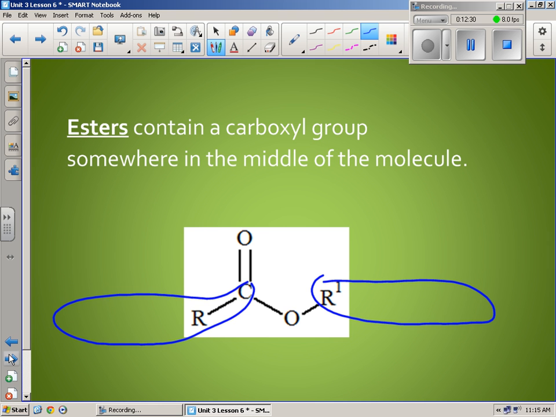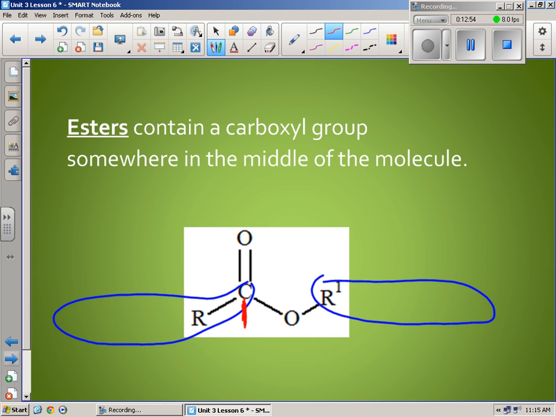Esters contain a carboxyl group somewhere in the middle of those long carbon chains. So you basically have a long carbon chain here, a long carbon chain there, and that's not on the end anymore. Having said that, here's how it works. As always, this is still carbon 1 here, no matter what.